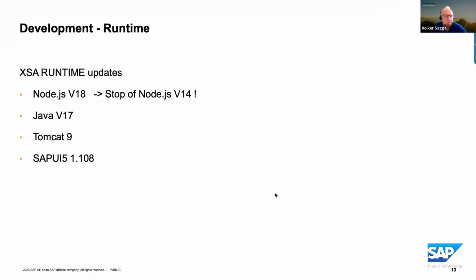We have the latest Tomcat 9 version here. And we upgraded SAP UI5. Very deep thanks to the development team here. They put a lot of effort to get this into the XSA stack as well. So you are now able to work with your Launchpad and other things from XSA side on.